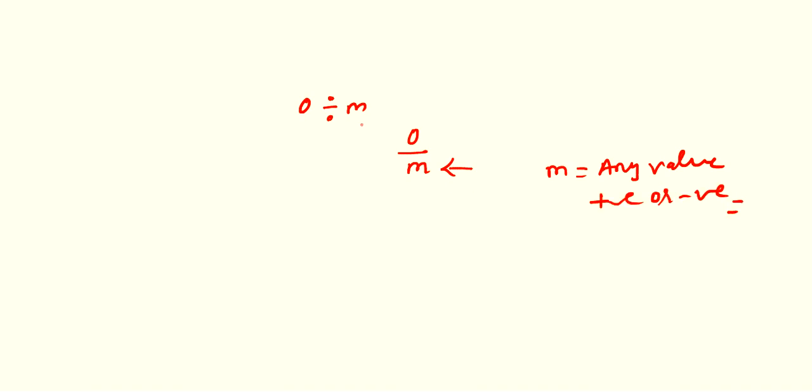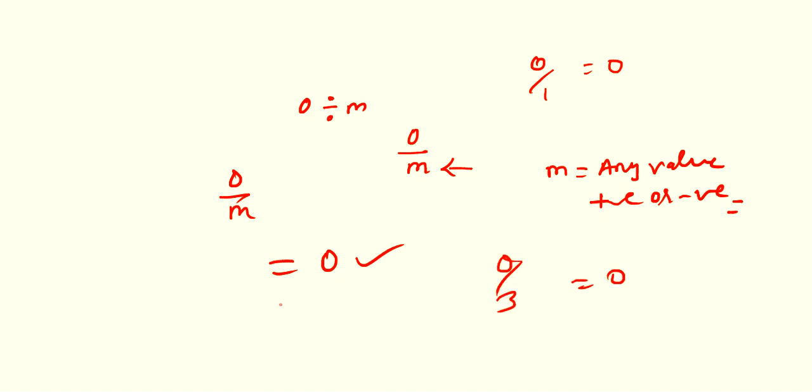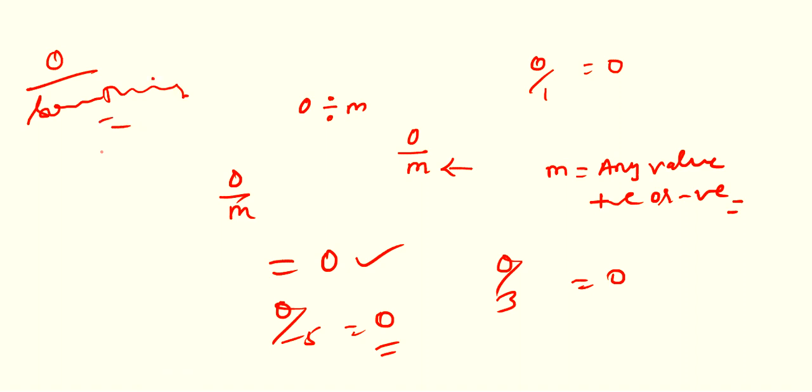Whenever you have 0 upon something, the answer will always be 0. 0 by 1, answer 0. 0 by 3, answer again 0. 0 by minus 5, answer is again 0. Whichever number you have doesn't matter, the answer is 0.